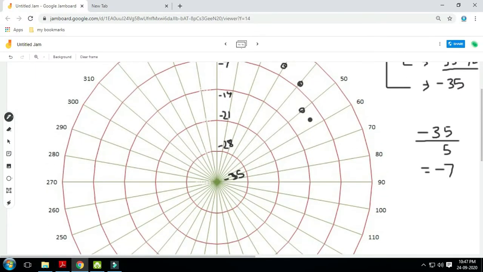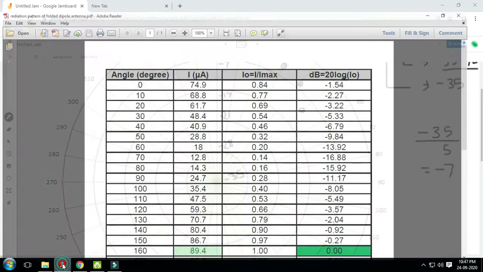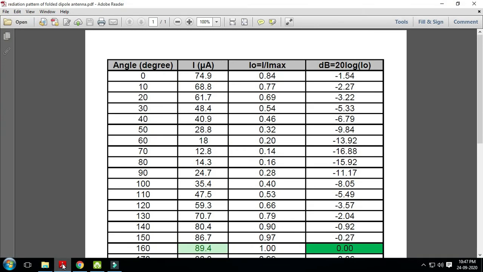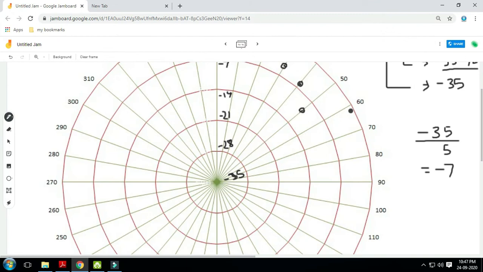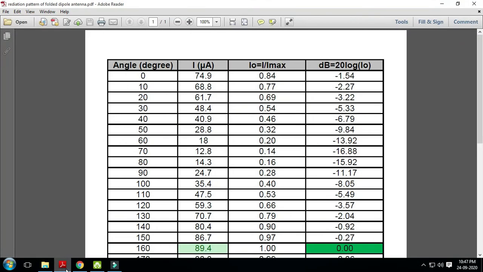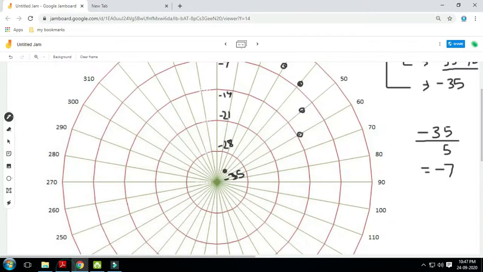It's near about 10. Now at 60-degree, the value is minus 13.92. So this red line is minus 14 dB. So 13.92 is just above that line. It's almost 14. At 70-degree, our value is minus 16.88, almost 17.